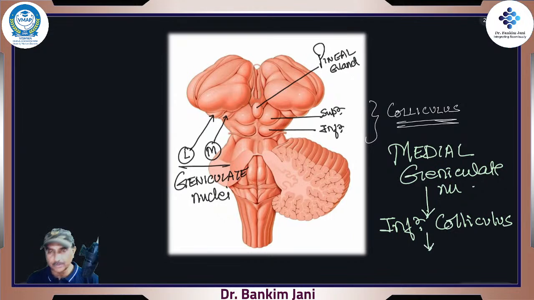And the inferior colliculus is doing what? It is for the audio, for the hearing, right? That is medial geniculate. Remember this relation: medial geniculate to inferior colliculus, and it will be handling the auditory path.